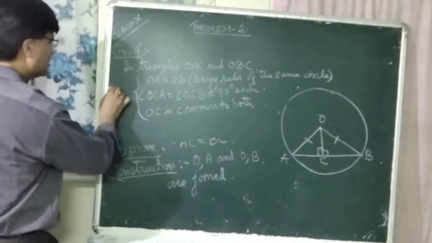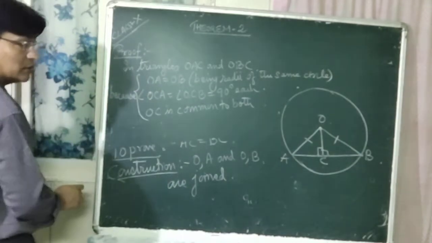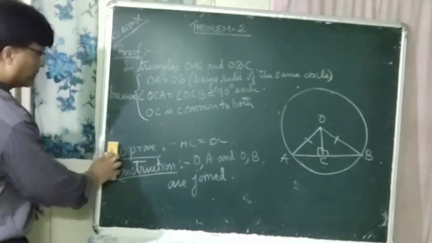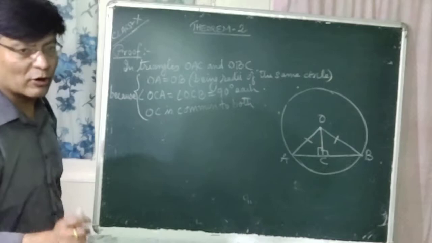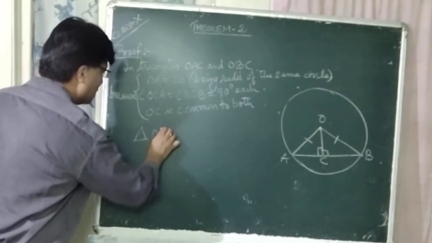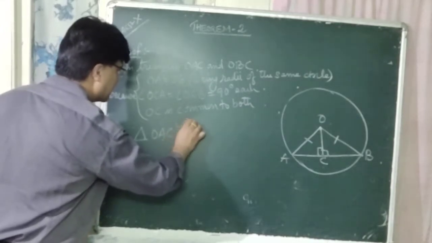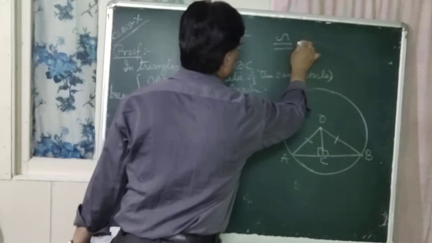So because of these three reasons, these two triangles are congruent. So this is triangle OAC. This is the sign of congruent, as I said earlier.